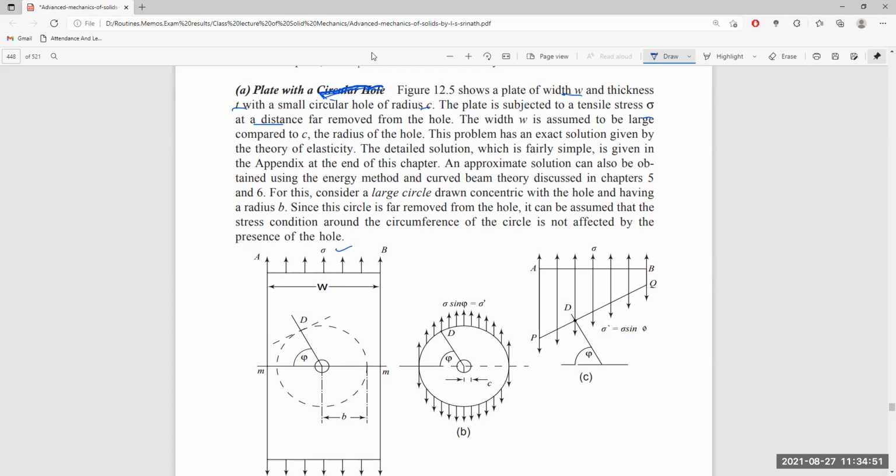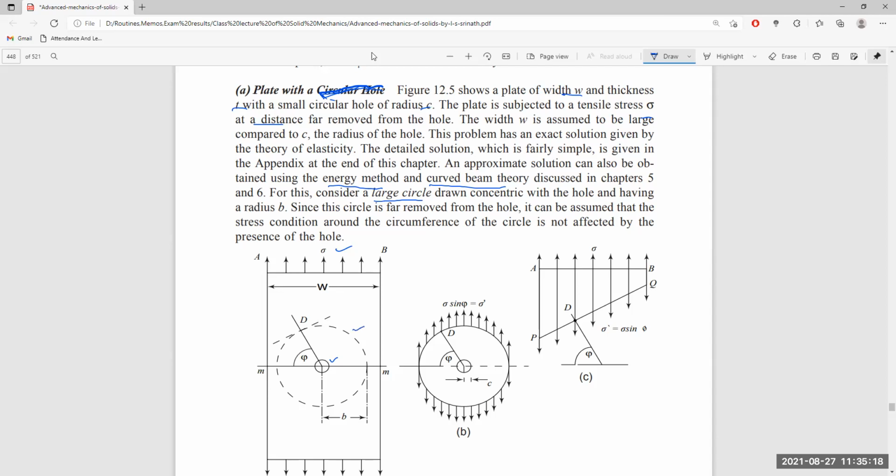Now, an approximate solution to this problem can be obtained using the energy method and the curved beam theory, which we have already discussed. For this, we consider a large hole.